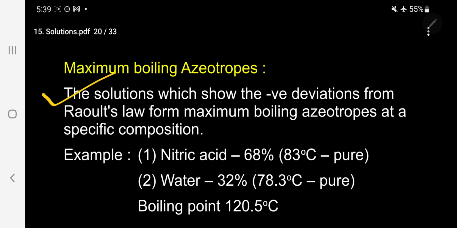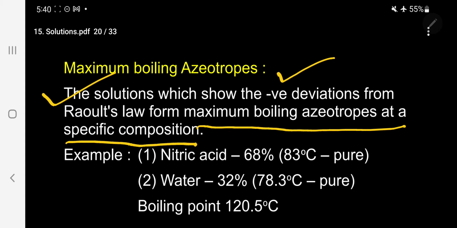Then coming to maximum boiling azeotropes. The solutions which show negative deviations from Raoult's law form maximum boiling azeotropes at a specific composition. Example, nitric acid pure 83 degrees centigrade and water boiling point 78.3 degrees centigrade pure, 100% pure.